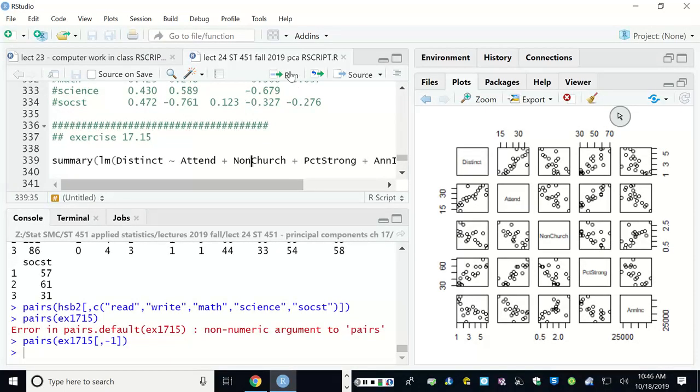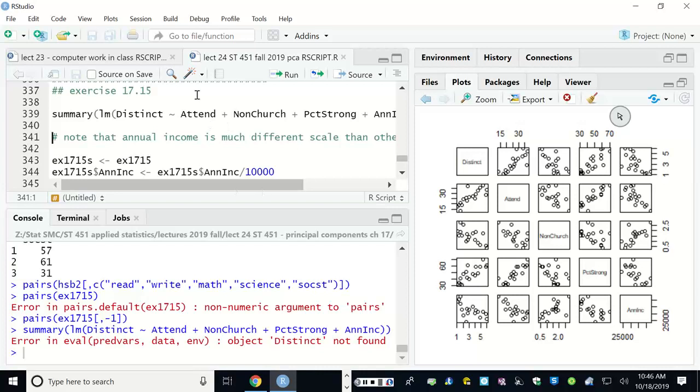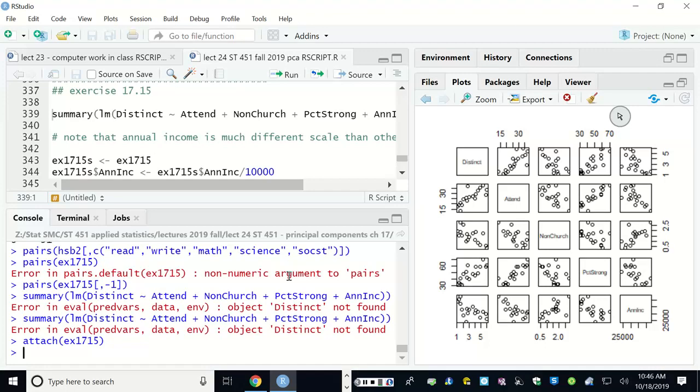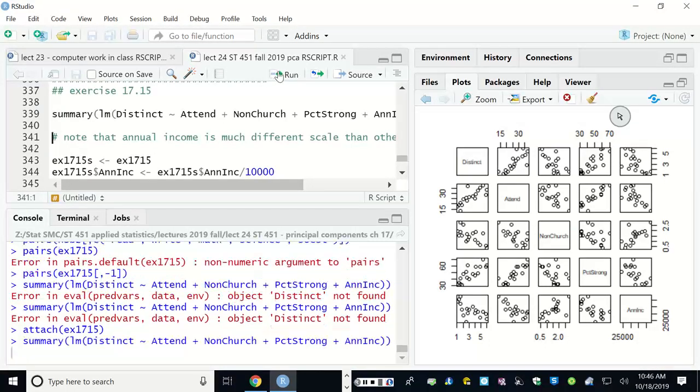If you run that regression, then I can run that.